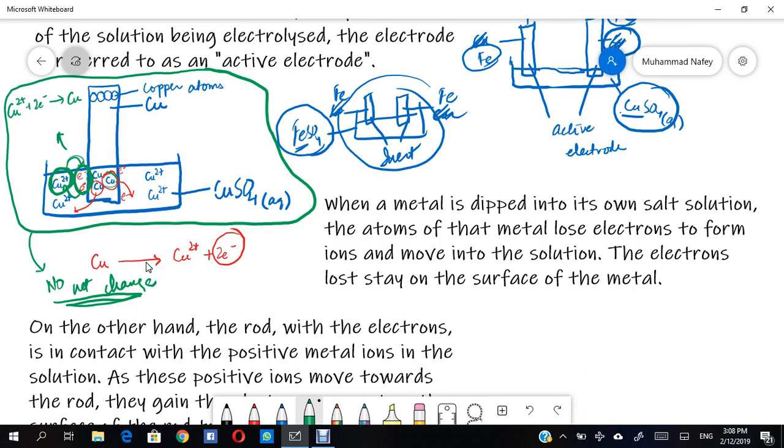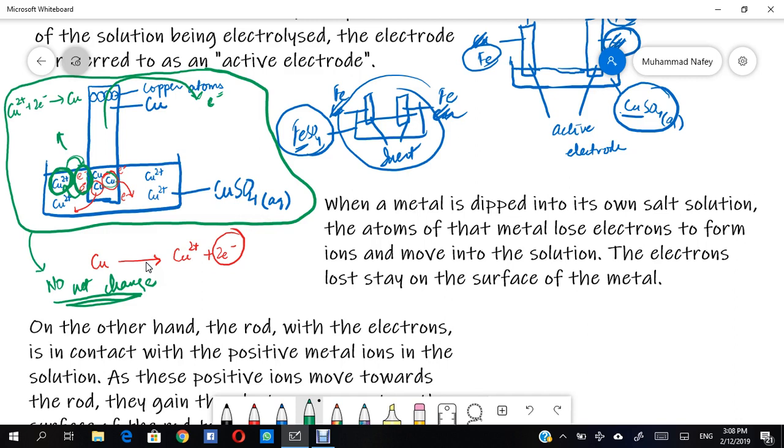Why? Because the electrons would then be able to go somewhere else. Let's write E here. And therefore, there would be no electrons available on the surface of the metal to bind with the copper ions approaching the metal surface. So that's exactly what happens when we electrolyze a solution using active electrodes.